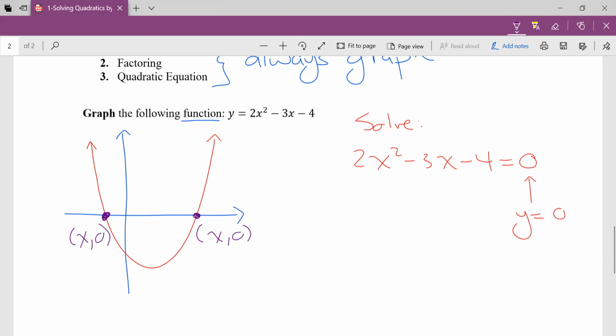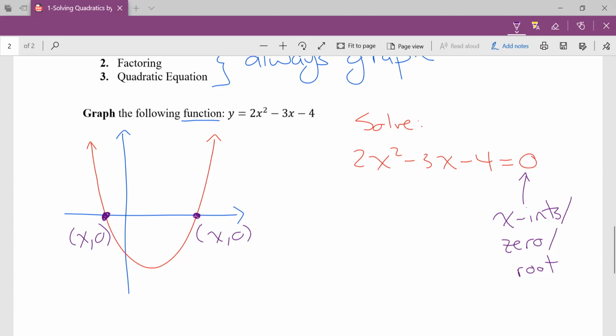So when one side is equal to 0, what we're going to do is we're going to find our x-intercepts. Or the other ways we could express that is the zero or the root. And I'll show you the slight difference between those things. And there is a subtle difference. Okay, so let's go back to our graphing calculator because that's what this is all about today, graphing and solving.